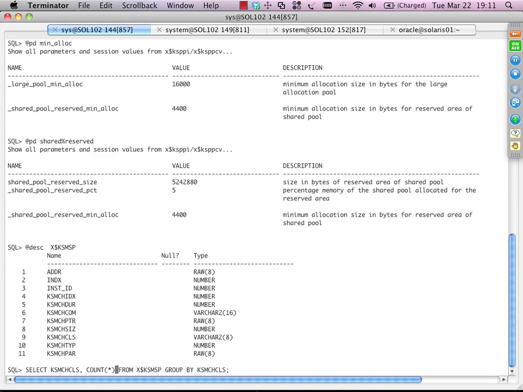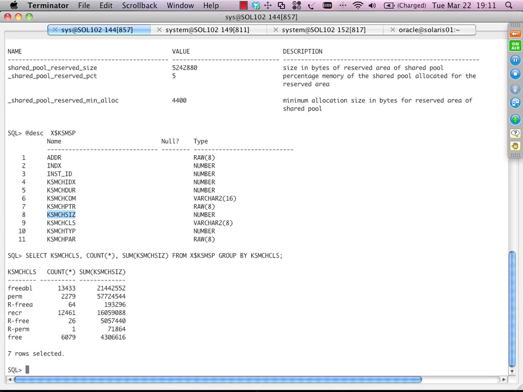So in addition to count star, I will probably want sum. I want to see the total size of a chunk. So you see, this is now in bytes. This is the size of a chunk. And I see that, hey, we have 4 megabytes of free memory in the shared pool.